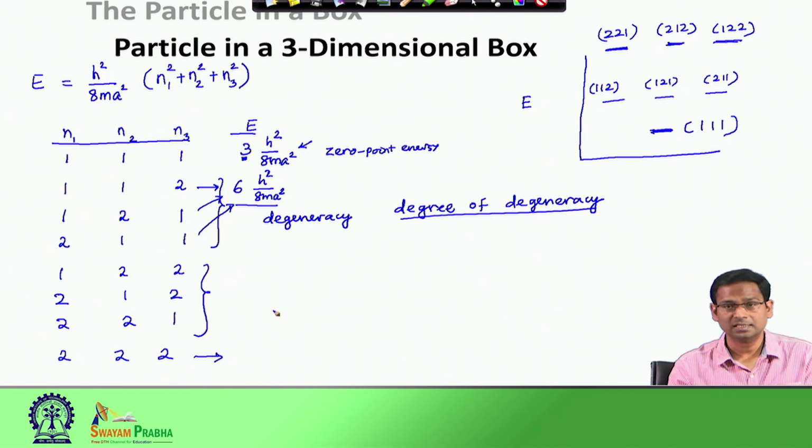The degeneracy that we encountered in this problem is because of the symmetry of the problem. If I write the eigenfunctions corresponding to 1 1 2, 1 2 1, 2 1 1, they would all be more or less similar except for where x, y and z appear. If I interchange the x axis, y axis and z axis, I can reproduce the same wave functions.